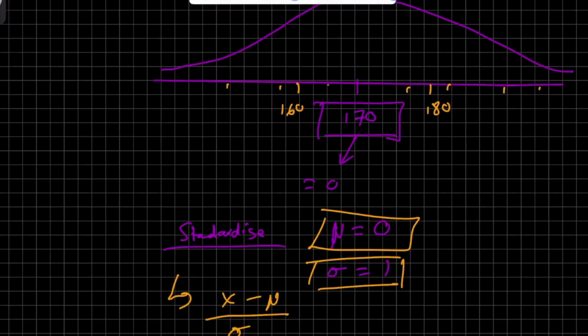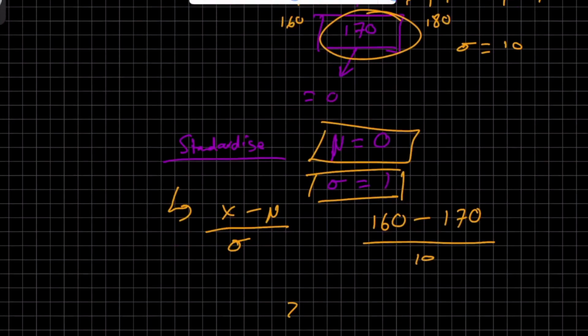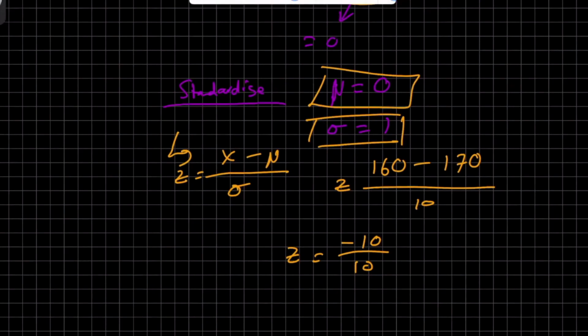If we do this for 160, which we know is within one standard deviation of the mean, then we take 160 minus mu, the mean of our graph at the moment, 170, divided by our current standard deviation of 10.